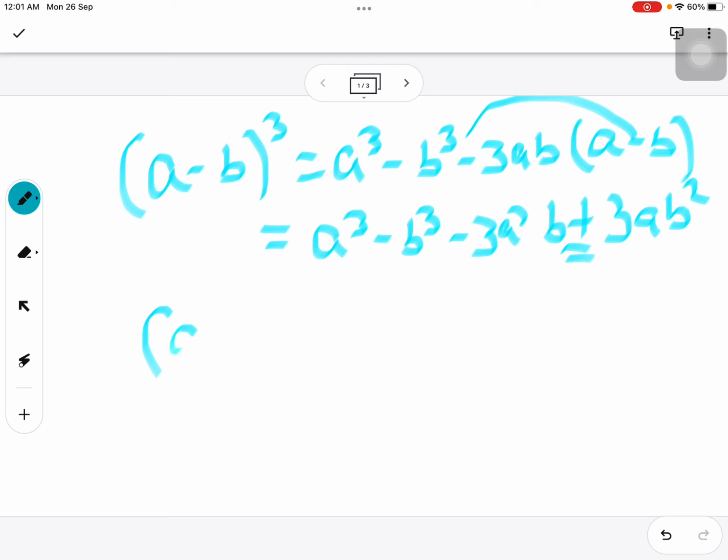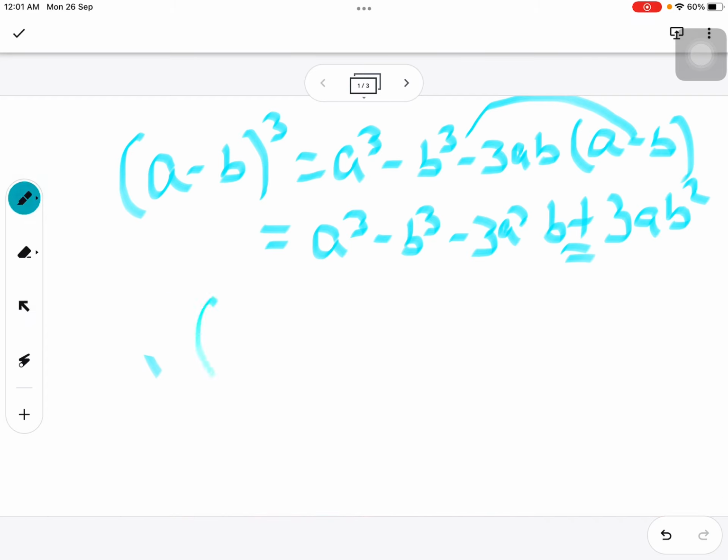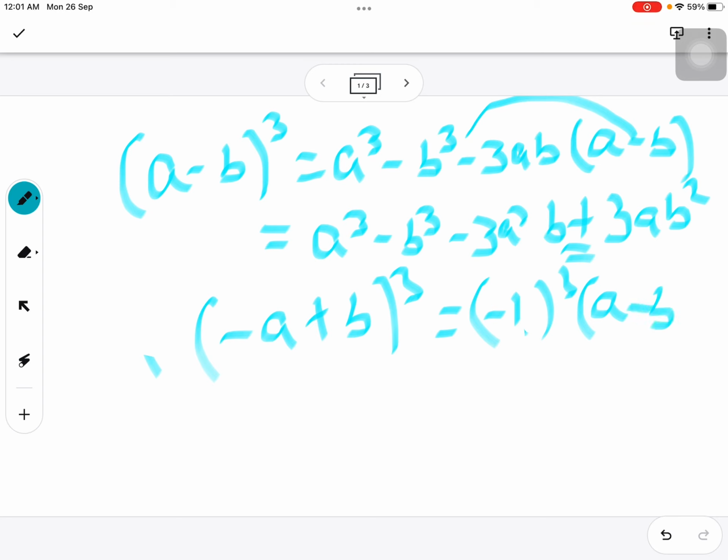Again, a minus b whole cube. Suppose you have minus a plus b whole cube. So again I take minus one common. You write this as minus 1 whole cube into a minus b whole cube.